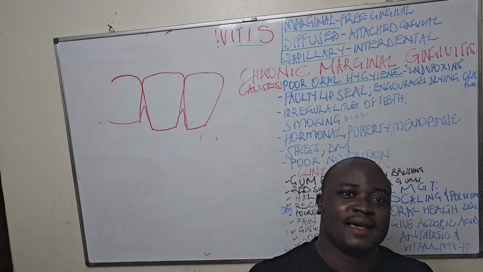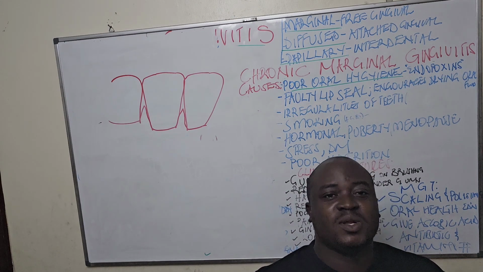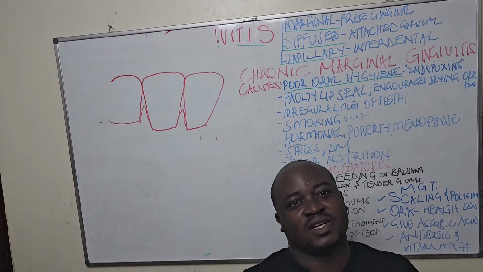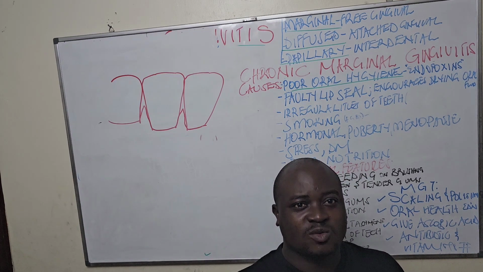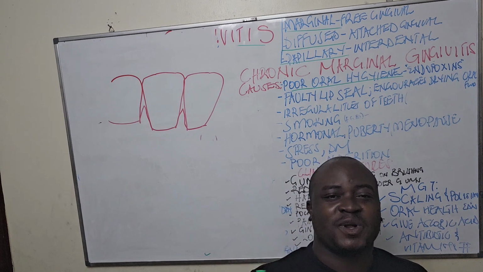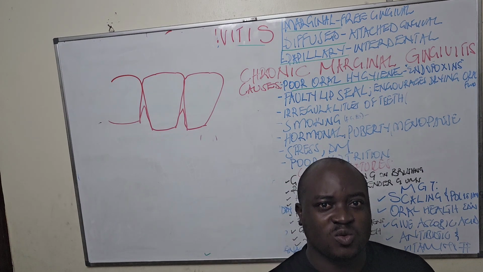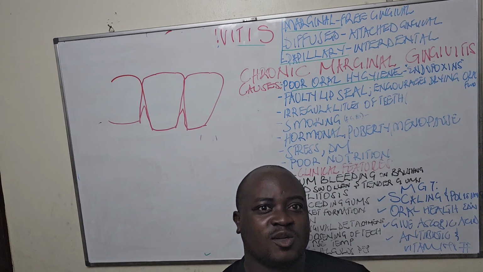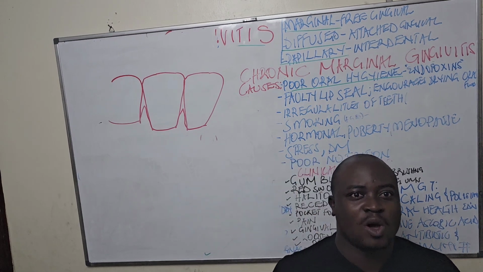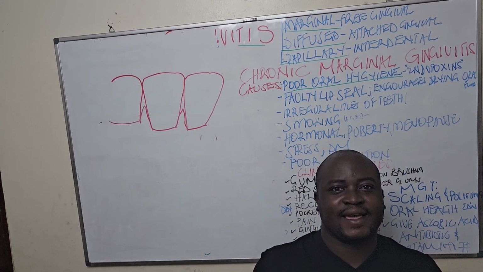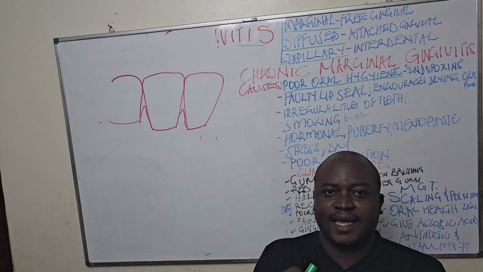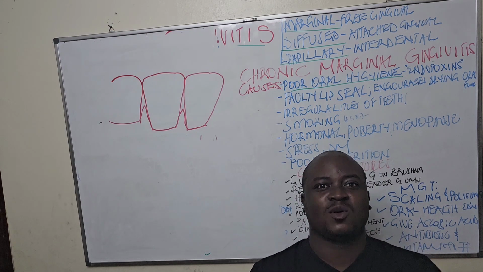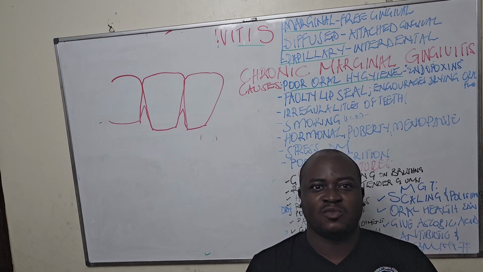This plaque can always be the source of gingivitis, because the bacteria in this plaque produce lipopolysaccharides, or what we call endotoxins. Endotoxins will cause the gum to be irritated, and the gum will defend itself through the immune system of the body.